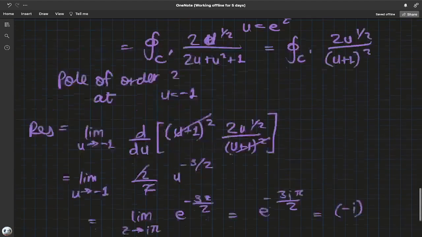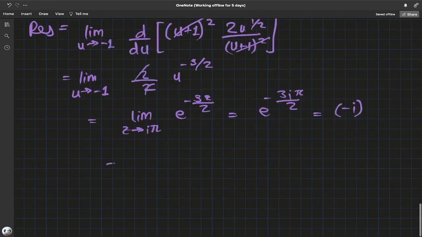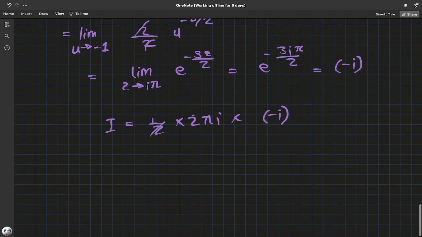But this is just the residue. We want half of 2 pi i times the residue. The residue is negative i, we calculated that. Stuff cancels out. i times negative i is 1, so we just have pi.